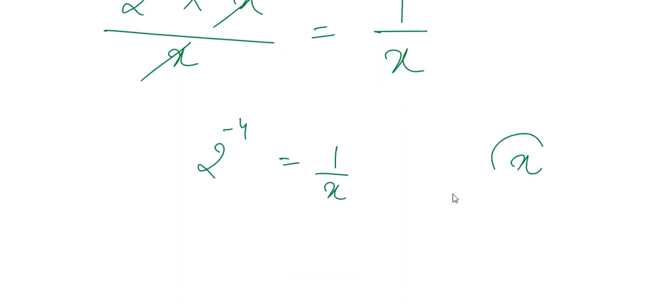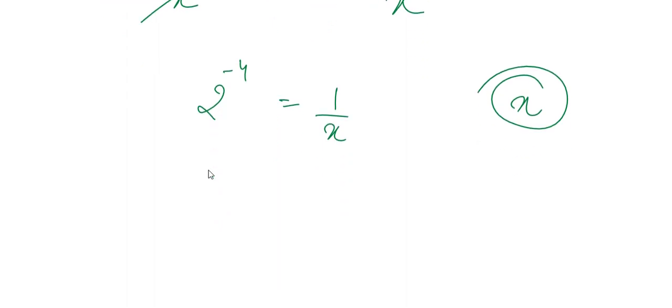So what would I do, can you just guess? I am in need of x only, and here I have 1 upon x. So what operation would I perform for getting my value of x? Can you just guess? Yeah, I would just reciprocate both sides.